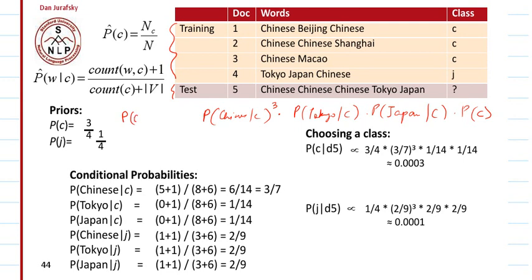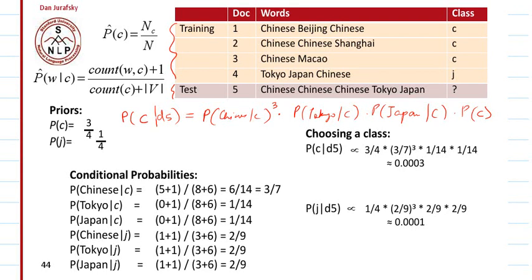So this is the probability P of class C given D5, right? Which class we are concerned about here is the C class. So this is the probability of class C given the document D5.